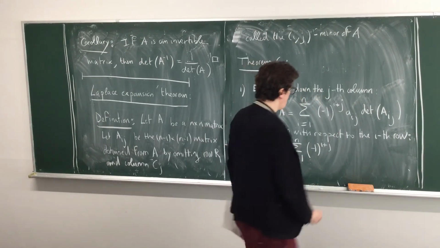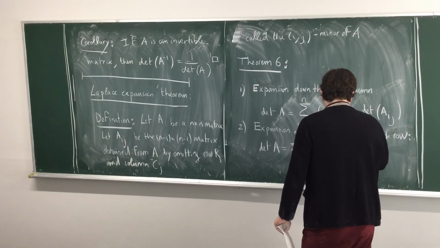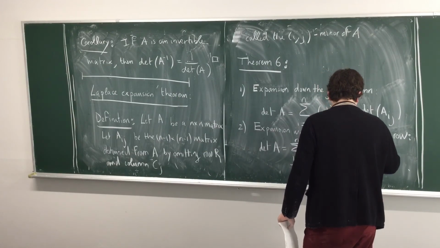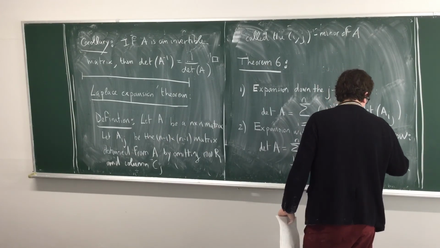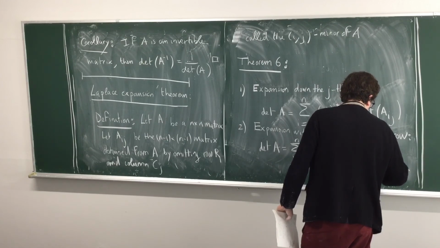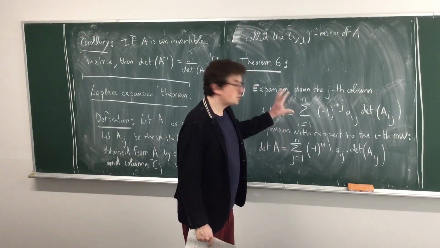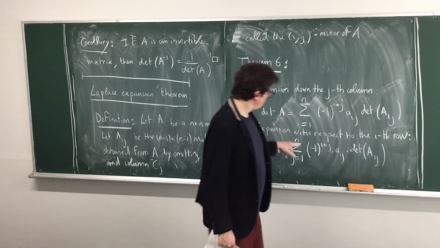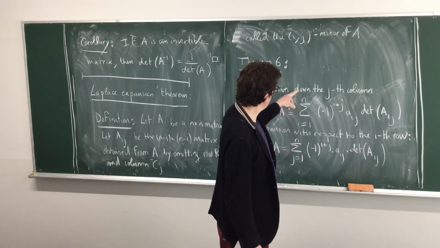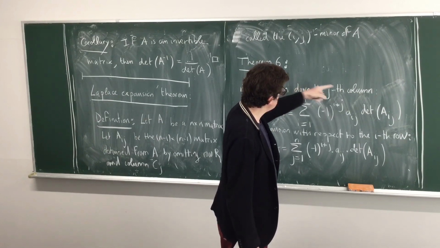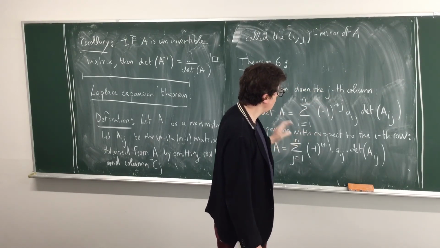Minus 1 to the i plus j times aij times the determinant of the minor Aij. Okay, so you see these two formulas are extremely identical. The only difference is that either you expand with respect to a column or with respect to a row.